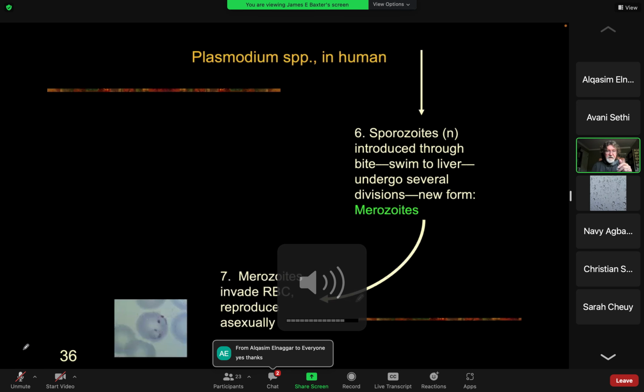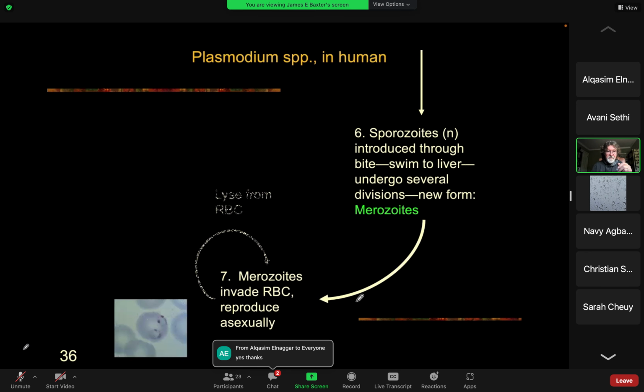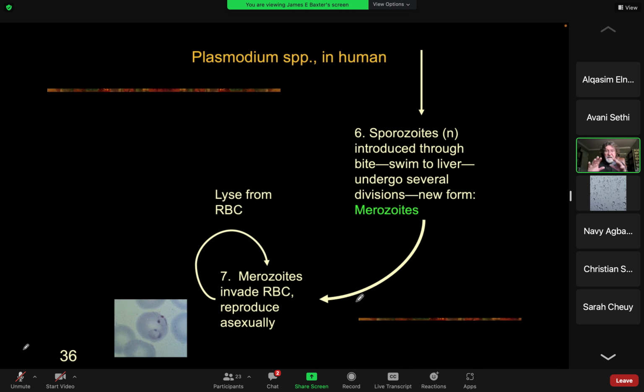Okay, yeah. So these merozoites. Now, if these were all introduced by one bite of a mosquito, we now have several of them in the liver, and they've gotten out of the liver. We've infected maybe hundreds of red blood cells. They are all synchronized so that they break out of the red blood cells at the same time, lysing and destroying them.